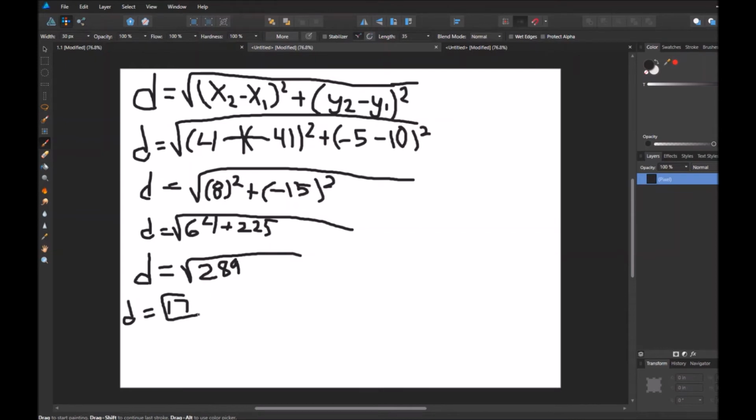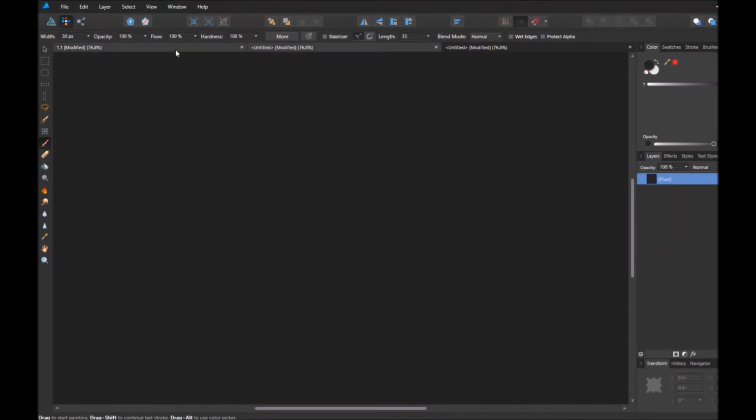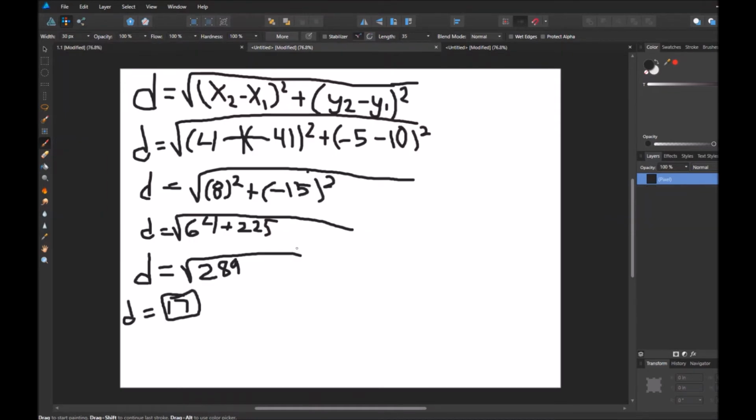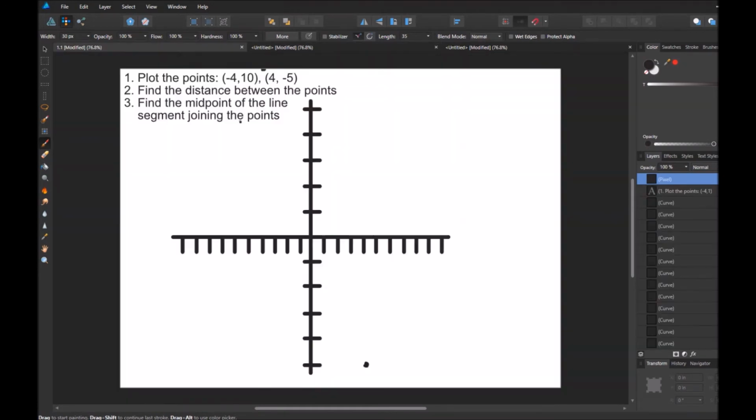So these points that were given are 17 units away from each other. And it makes sense because this one is way off the graph and this one is way in the negative zone on the complete opposite side of the graph. So it would make sense that they're this distance away from each other.